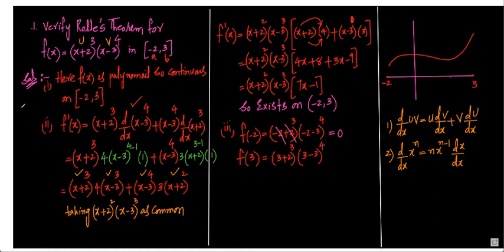Again, if you notice, the second term will be cancelling here. 3 minus 3, 0 into anything, again the answer will be 0. So we have shown the condition number 3 also satisfies. F of a is equal to f of b. Here we have checked the third condition. Condition number 1 satisfied here because it is a polynomial, so continuous. So we are getting some value, so derivative exists, and f of a is equal to f of b.